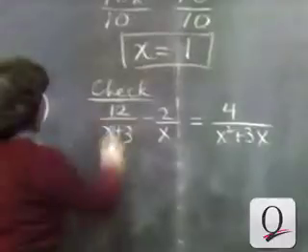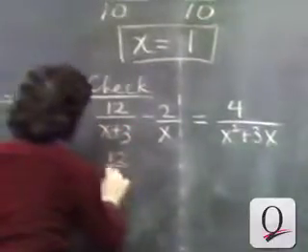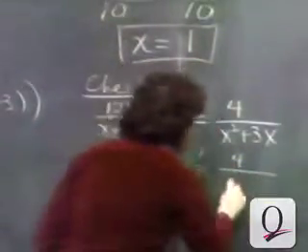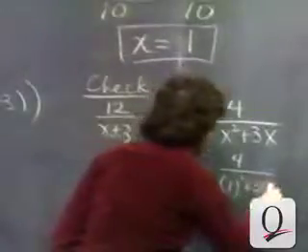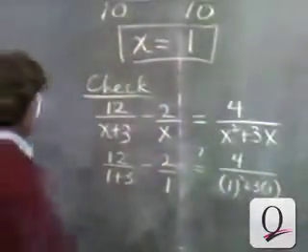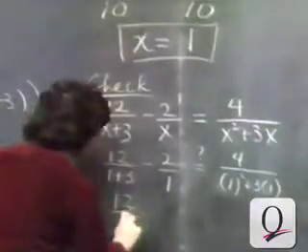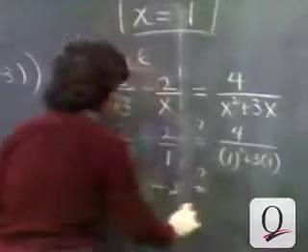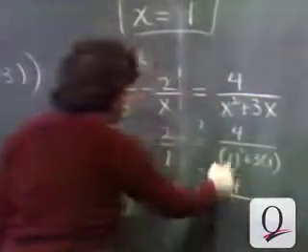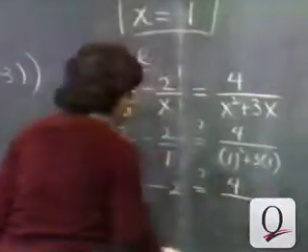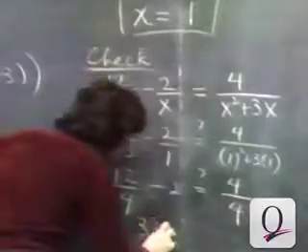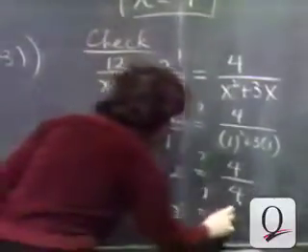Substituting in x equals 1, we get 12 over 1 plus 3 minus 2 over 1 should be equal to 4 over 1 squared plus 3 times 1. 12 over 4 minus 2 should be equal to 4 over 4. 12 over 4, that's 3, minus 2 should be equal to 1.